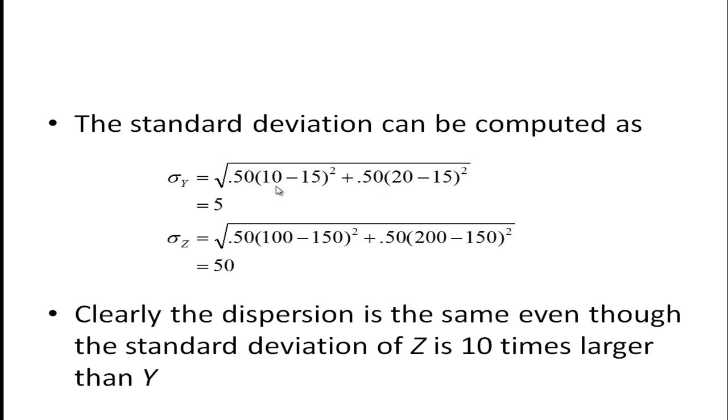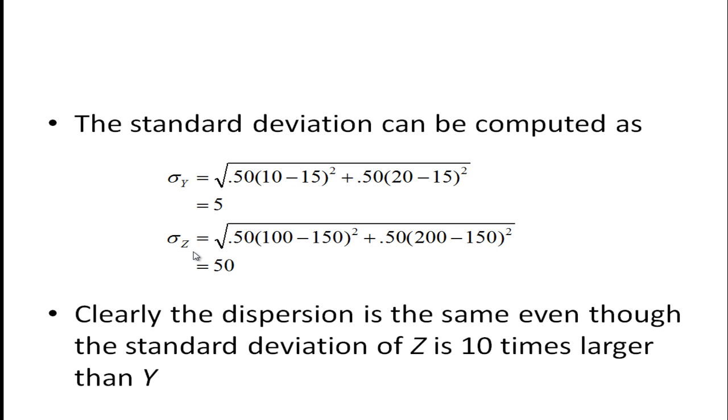So what is this? 10 minus 15 is minus 5 squared is 25. 20 minus 15 is 5 squared is also 25. 50% of 25 is 12 and a half, and 50% of 25 is 12 and a half. 12 and a half and 12 and a half is 25. The square root of 25 is 5.